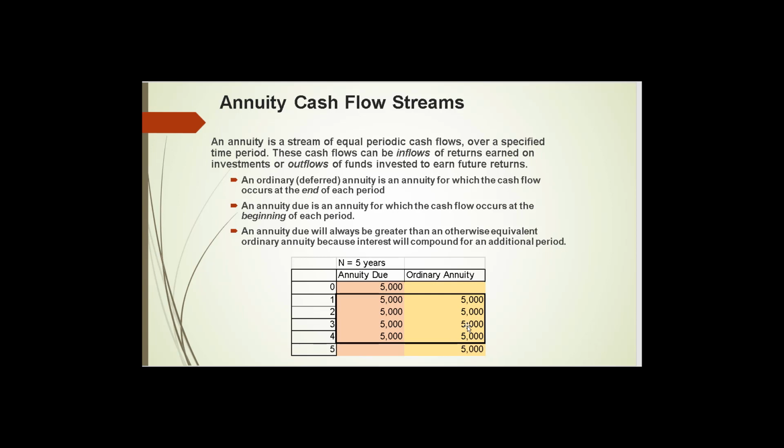They're all the same. But this cash flow stream has 5 years to grow. This cash flow stream is invested the last day, so it doesn't grow at all. So an annuity due will grow to a greater amount because it has an extra cash flow that will compound from the day of the original investment.